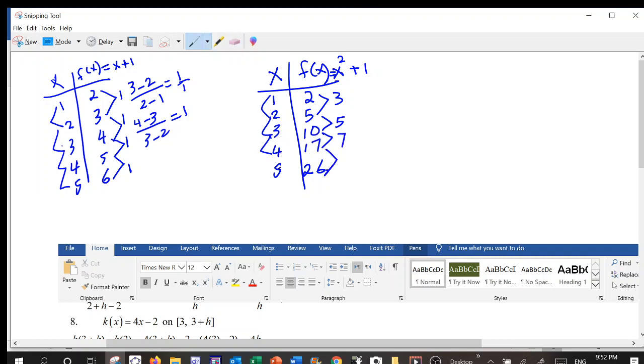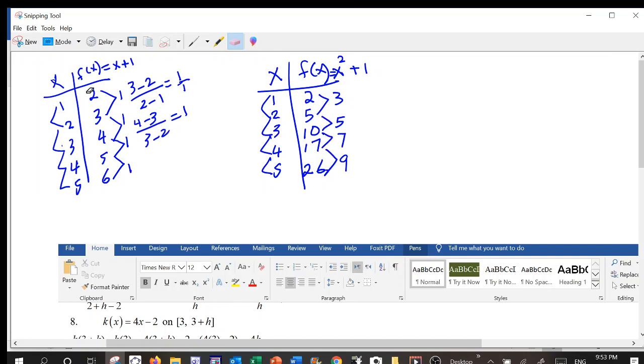And what's the rate here? 26 minus 17 over 5 minus 4. So that's 9. So notice that here the rates were 1, 1, 1, 1, and here the rates are actually increasing.